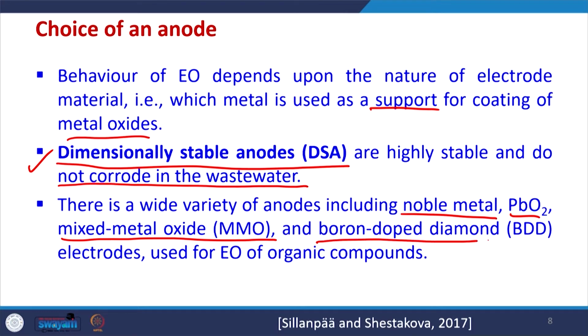Then boron doped diamond electrodes have been well reported, and these anodes are used for electro-oxidation of organic compounds present in the water. Any of them can be used for treatment of water depending upon the pH and various other materials present in the water. All those things decide which type of electrode material has to be used. Generally they are classified under dimensionally stable anodes.